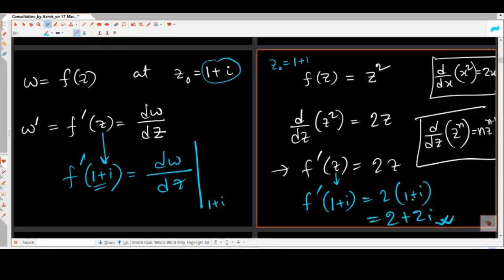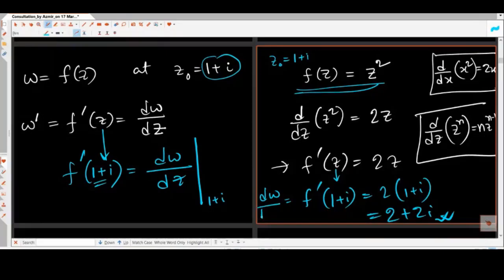This is the value of the first derivative of the function f of z equals z squared. We can also write it in this form, that is dw dz at 1 plus I. You can use any notation, whatever you like.